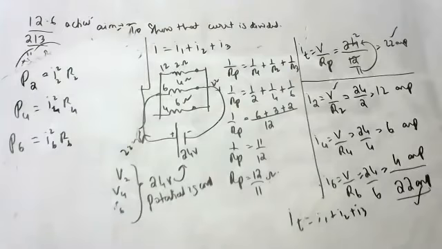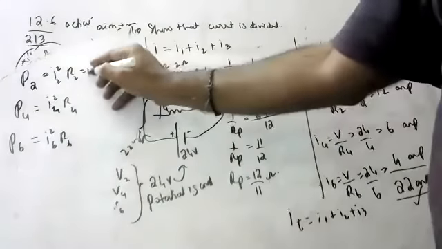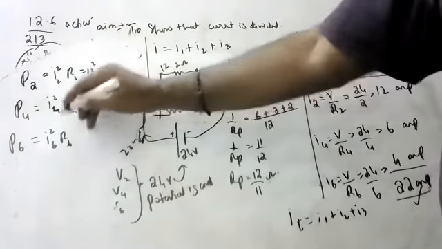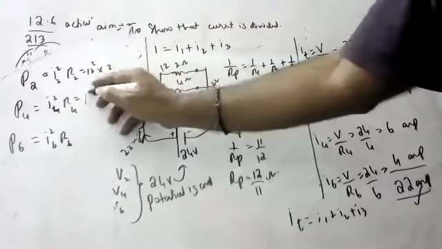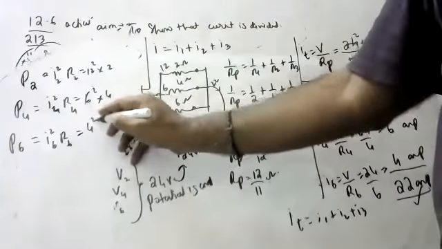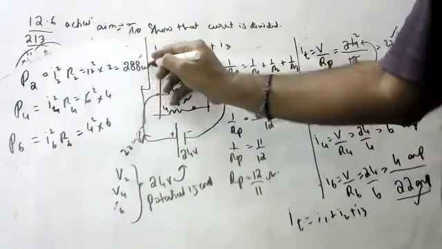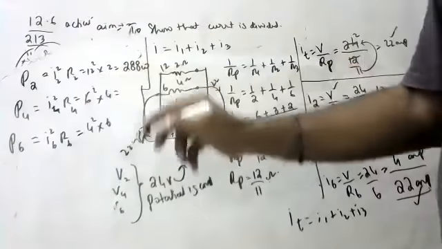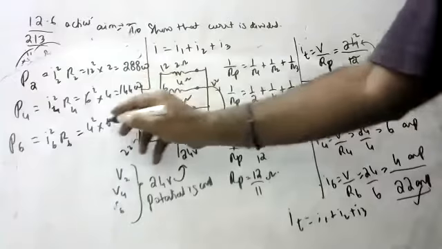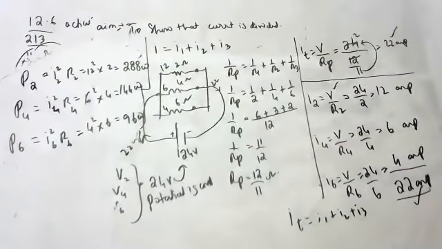Across this, what is the current? 12 square into 2, 6 square into 4, and 4 square into 6. 12 square is 144, 2s are 288. 36, 4s are 144. 16, 6s are 96 watts.